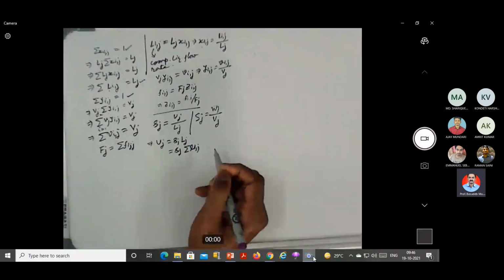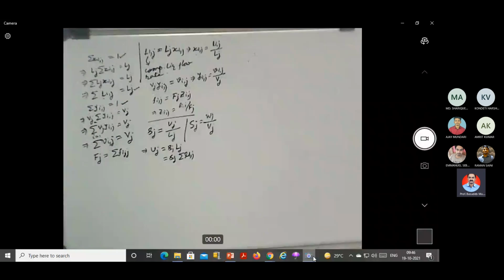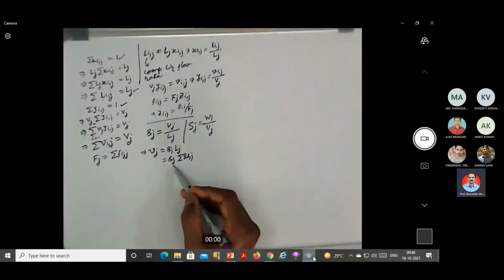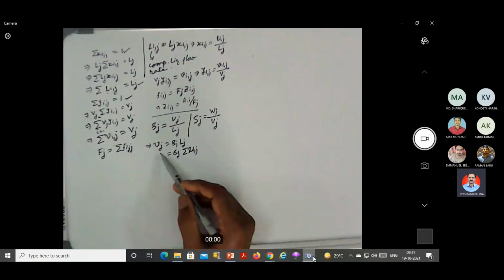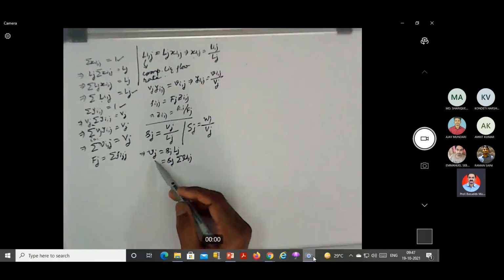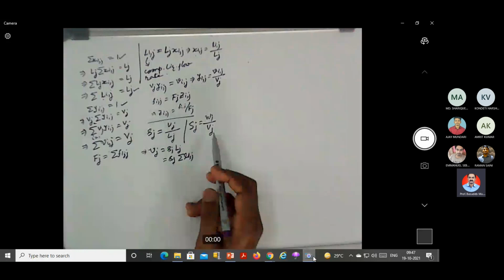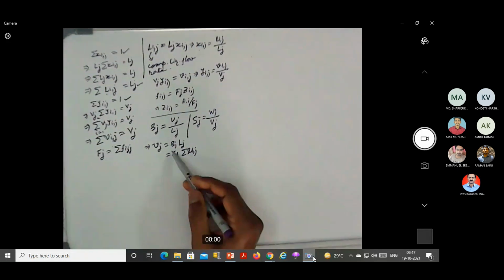So in the equation we will replace Uj by small sj into sigma Lij. So in the Newton-Raphson method, instead of specifying Uj and Wj directly, we will specify these ratios.